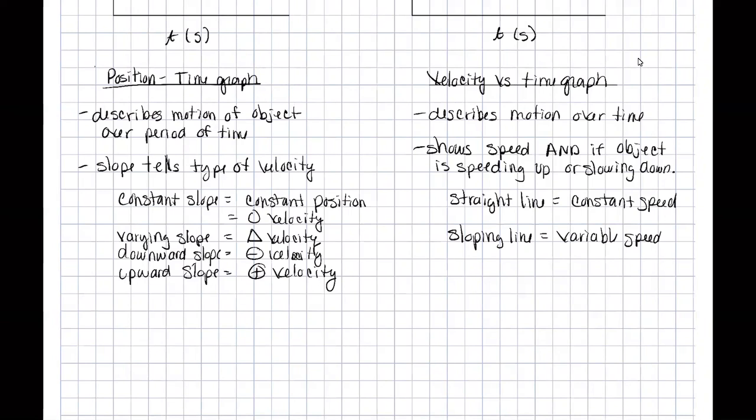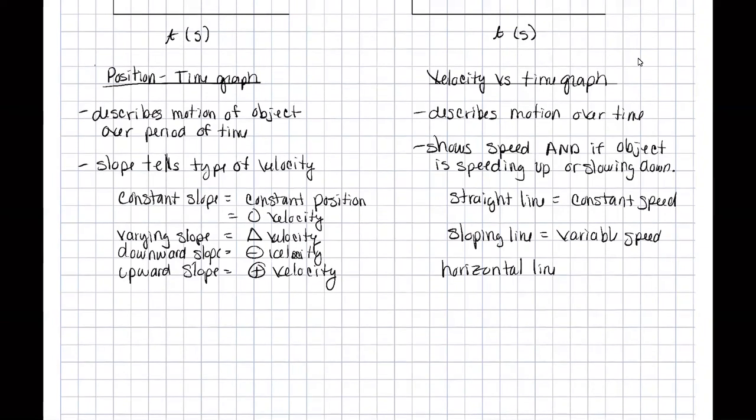If the line is horizontal, you have zero acceleration. That means the object is at rest or moving at constant speed.